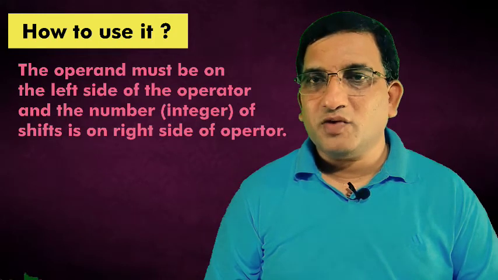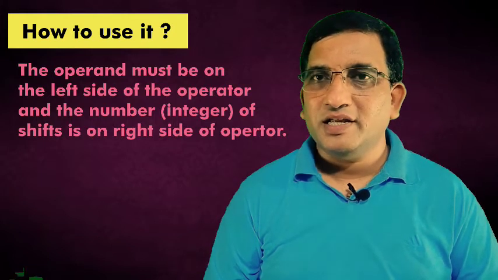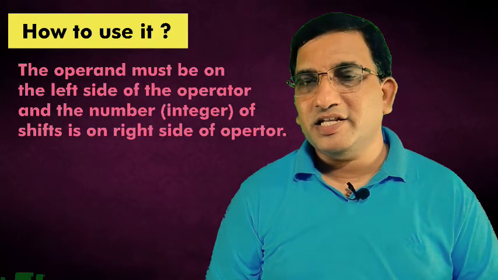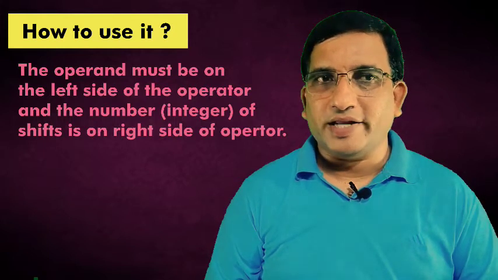That means here we require two parameters. One is the operand to the left of the operator, and another one is the integer value which is specified to the right of the operand.